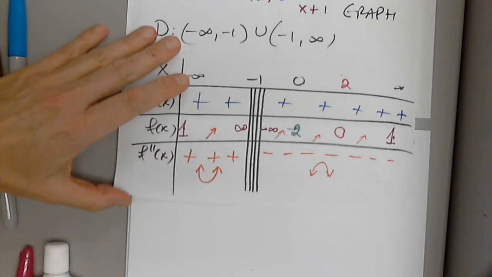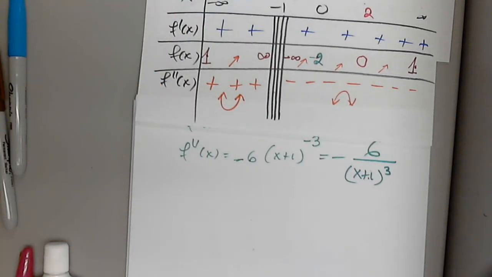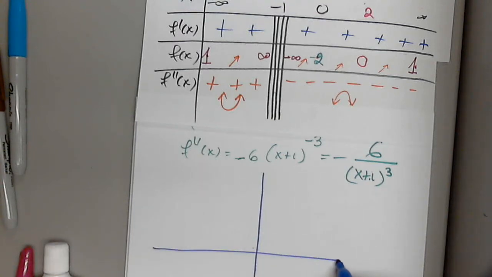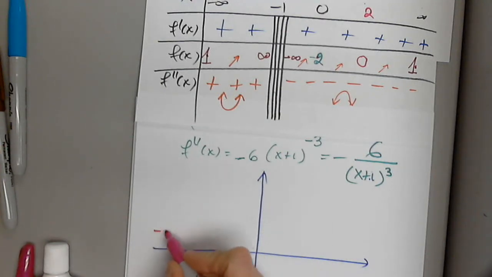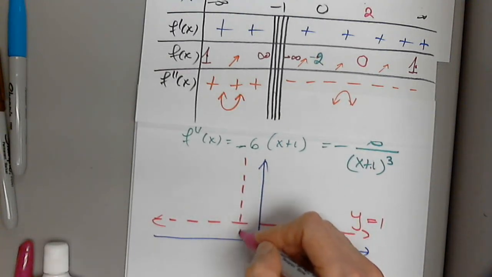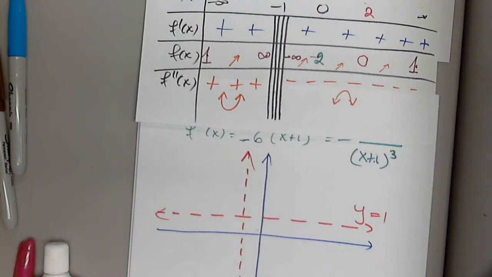Ready? When we graph a function with asymptotes, what do we need to graph first? The asymptotes, very good. So there is a horizontal asymptote at y equals 1, and a vertical asymptote at x equals negative 1.